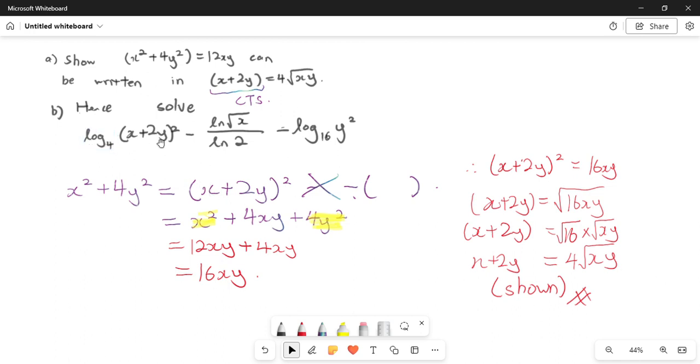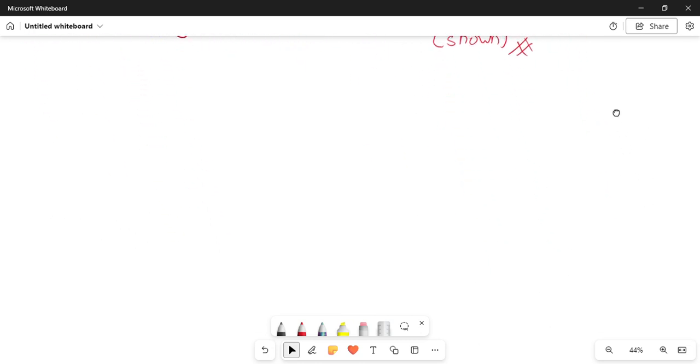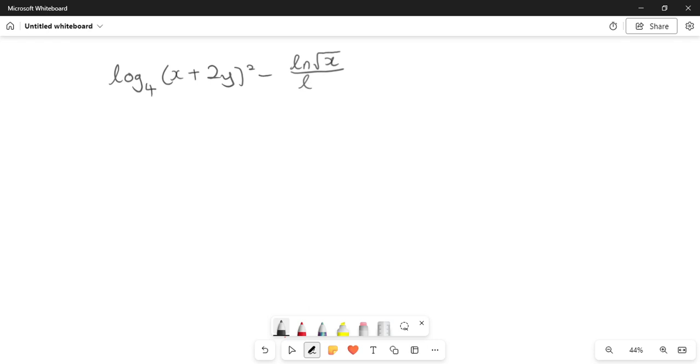It says hence solve log base 4 of (x plus 2y) squared minus ln root x over ln 2 minus log 16y squared. Let me just rewrite it real quick. And then I am given that x plus 2y is equal to 4 root xy. Okay.